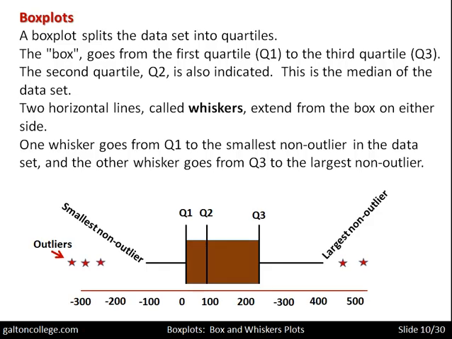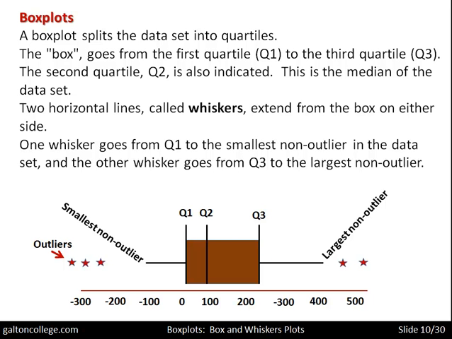If we look at the picture here, we've got some data. The data ranges from -300 to, let's say, 500. Here we're looking at the various representations that we can get within that data. We have outliers indicated by the stars. We have the smallest non-outlier, which is about at -100, roughly speaking.